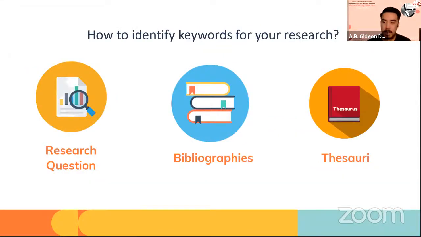So the next question is, how would you be able to identify your keywords? Okay, so the primary source where you are going to obtain your keywords are basically from your research question. So these are obviously the nouns in your research question. All right. So secondly, bibliographies or references.